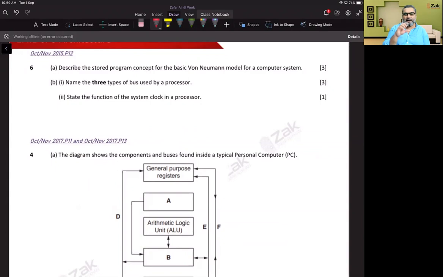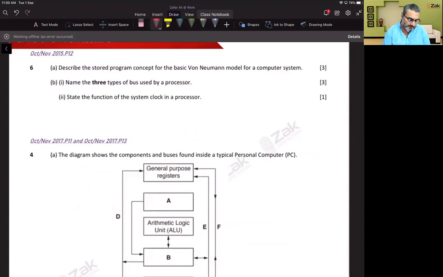Instruction and data is indistinguishable, and they are still in the same memory. Each instruction is fetched and then executed. Instruction fetch and data operations cannot occur at the same time. This is something that you have to remember, that first instruction is fetched and then it is executed. All right.